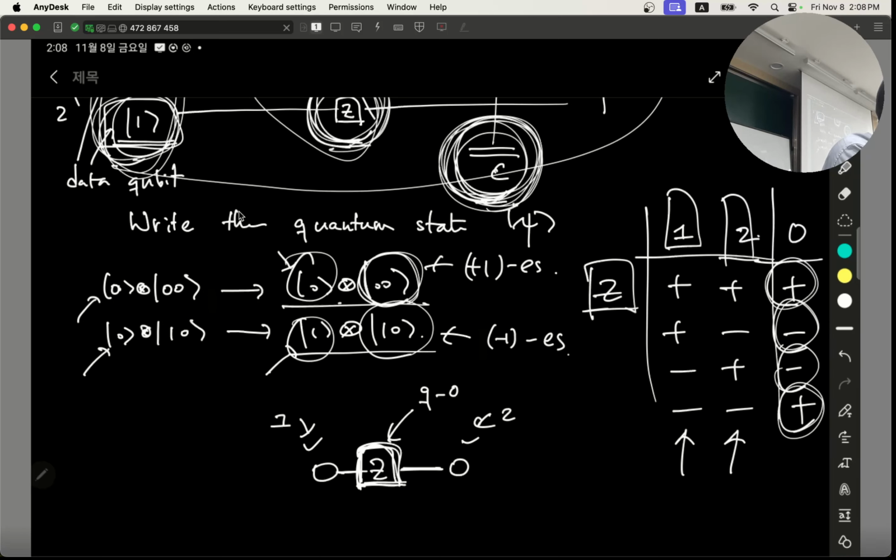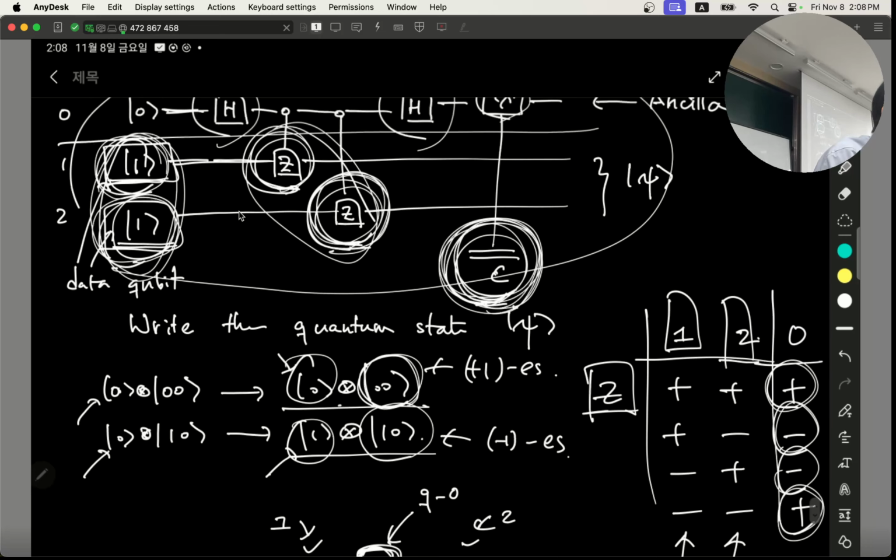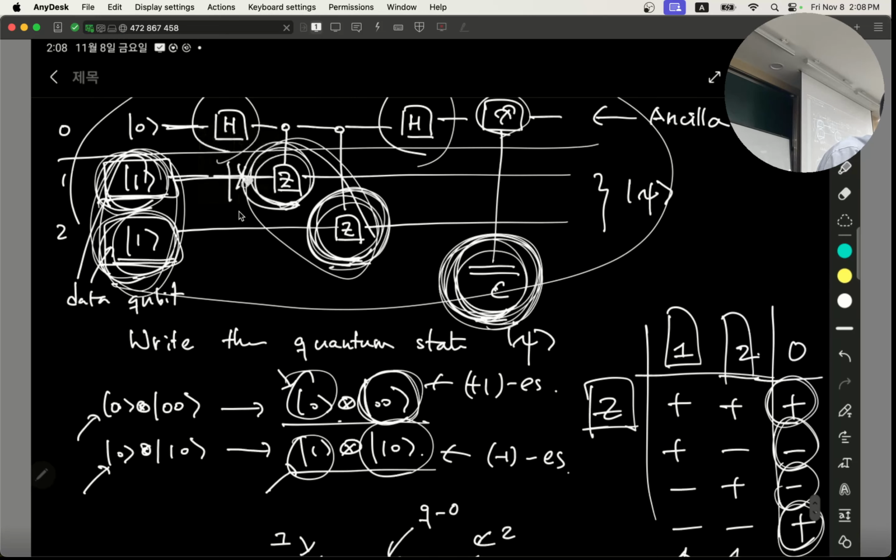How can we detect an error? If there was an X gate right here, on qubit 1, let me use a different color here. If there was an X error here, then it changes the eigenvalue of the eigenstate. Let's say I had 1, 1 in the beginning, which is the -1 eigenstate and the -1 eigenstate.